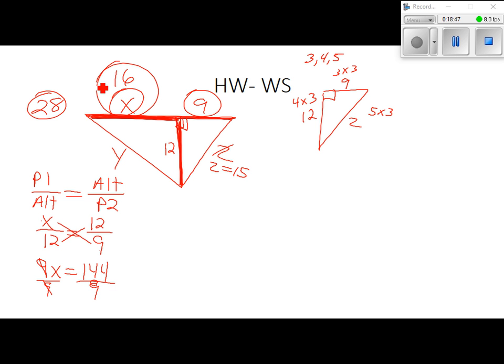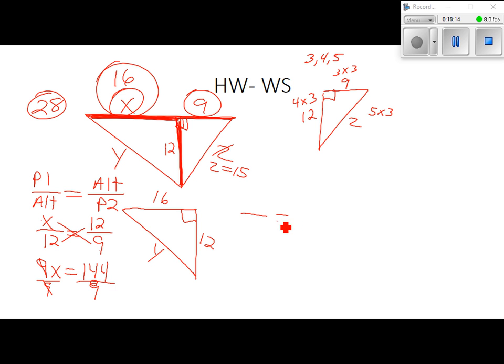Now, once you know that that's 16, a couple different ways you could do this. This is 12, this is 16. We're looking for this. Could we use Pythagorean theorem to find that side? Yeah, 12 squared plus 16 squared equals Y squared. It actually fits one of the triples again, so you could find it that way.